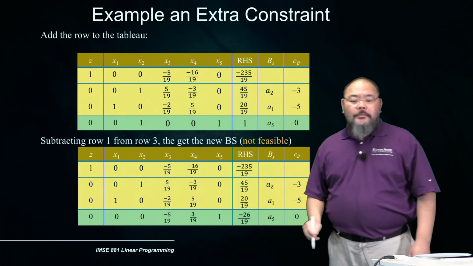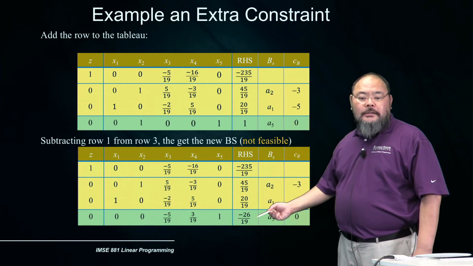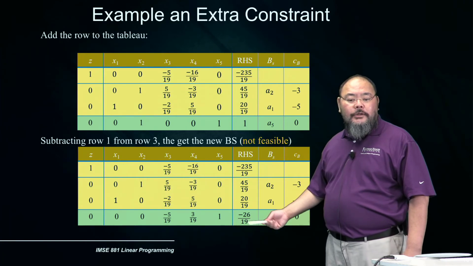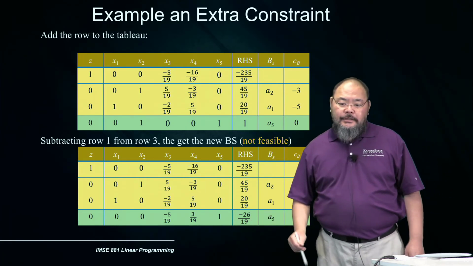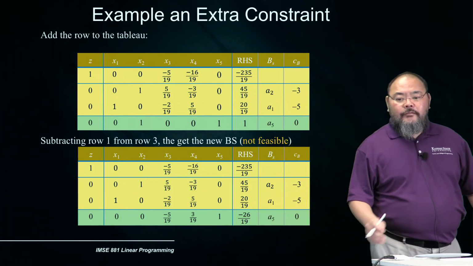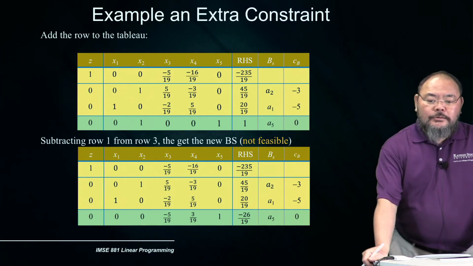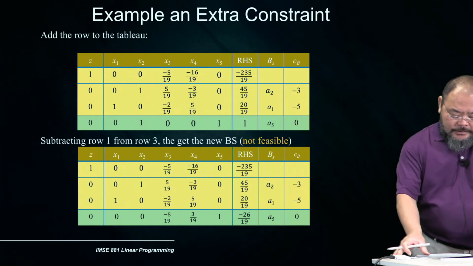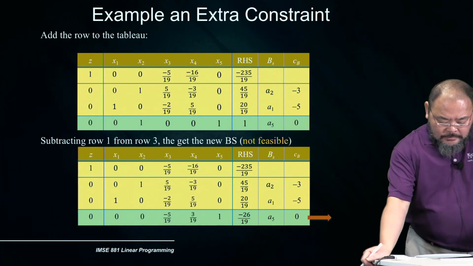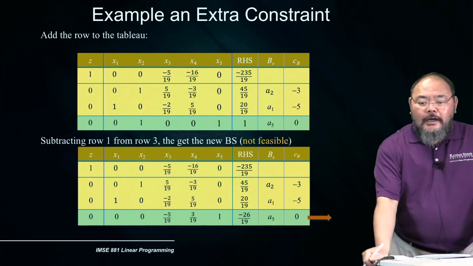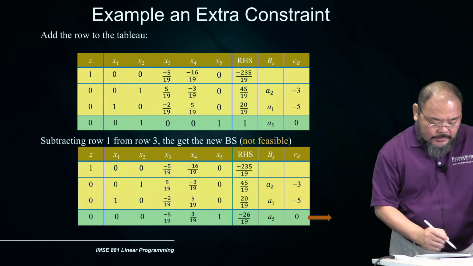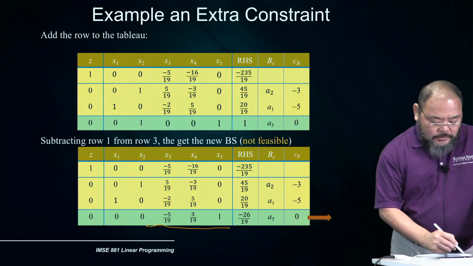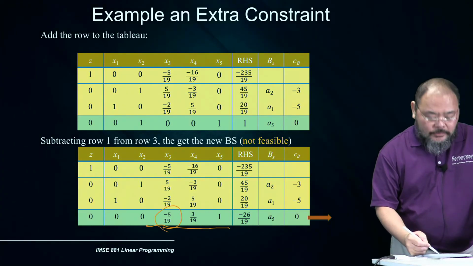After performing this, we understand that currently x5, which is a slack variable, equals -26/19. So it is a primal infeasible solution. So what we do is perform a dual simplex iteration. Let x5 leave the basis, and based on this row, we only have one negative entry.